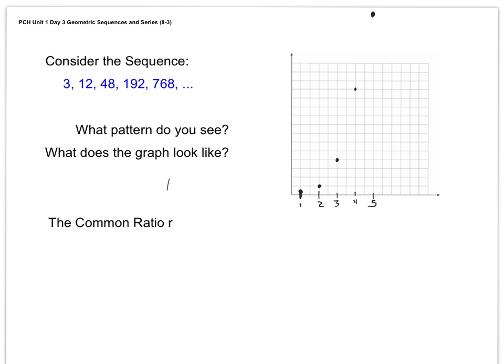Okay, so you'll notice our graph is clearly not linear. In fact, if you were to try to connect the dots, what would this graph look like actually? Okay, kind of looks like half of a parabola. Do we know any other functions that kind of look that way?